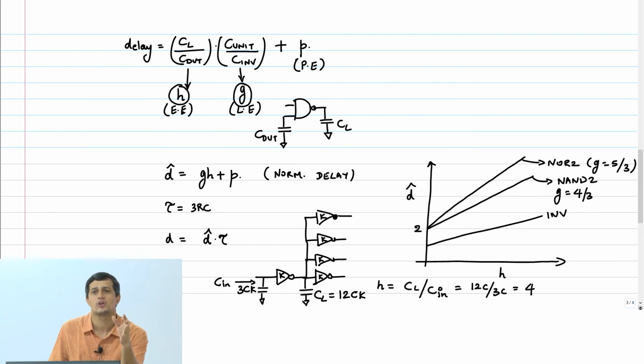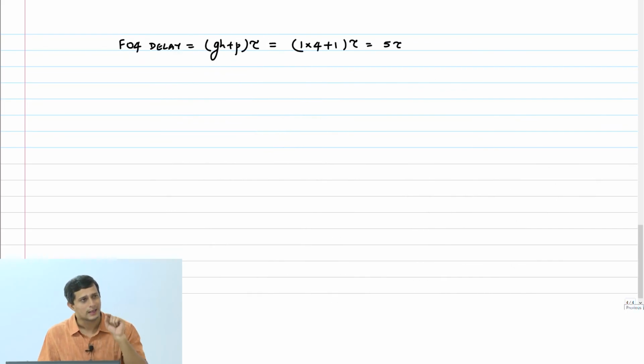You know that therefore the inverter delay is just 1/5 of that. Clear? So this FO4 delay is an important characterization that people will do in VLSI. When you go to a new technology, first thing they will characterize is what is the FO4 delay of the inverter.